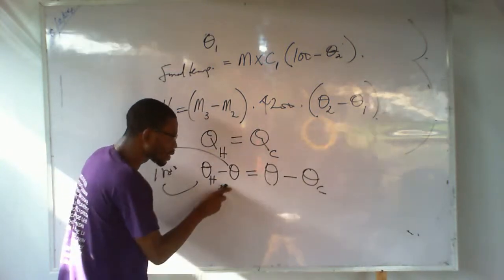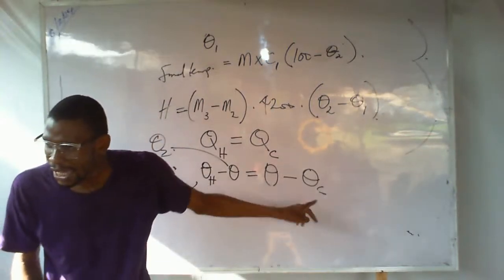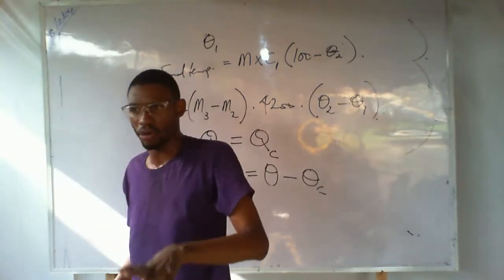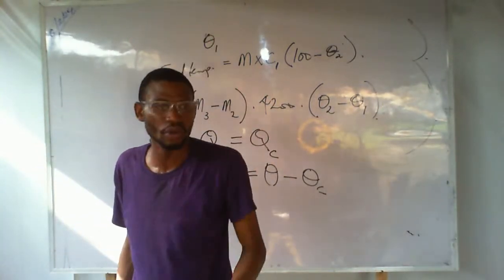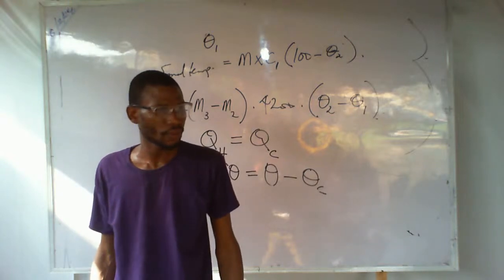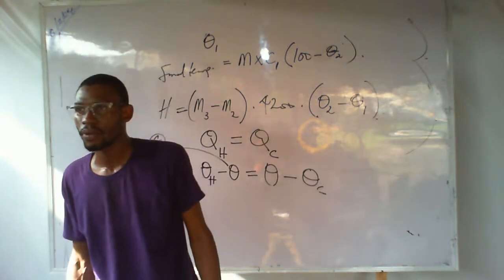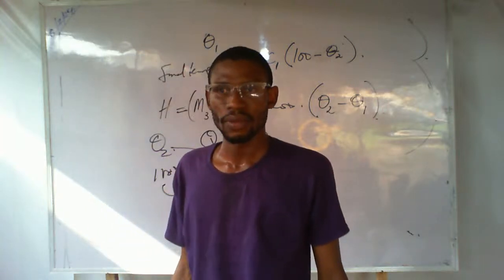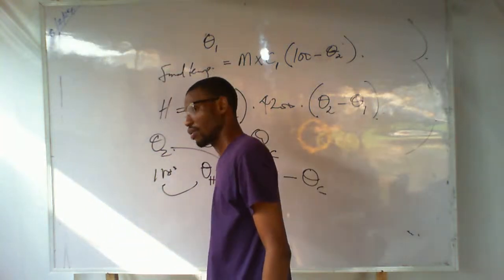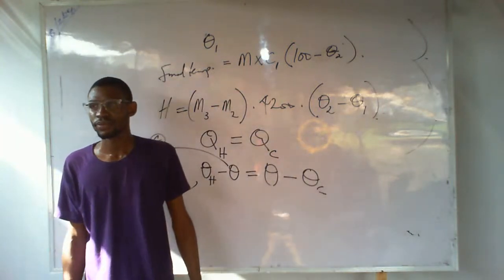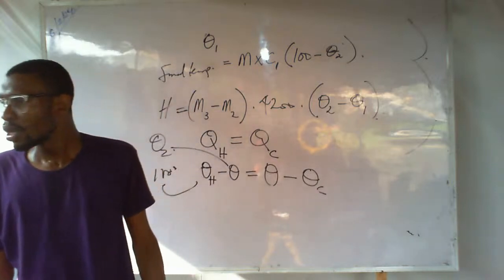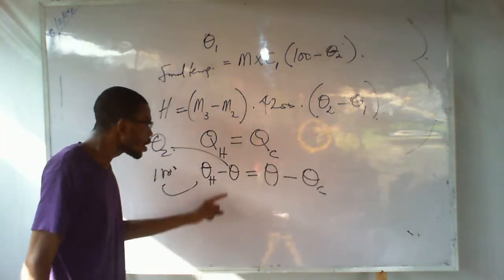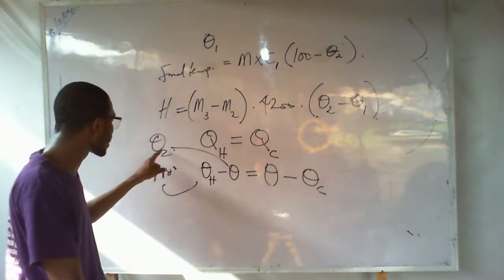So these two reach the stable equilibrium temperature, the final temperature of the mixture. Are you getting what I'm saying? The theta means 100? No. Theta here is the final temperature, theta 2.